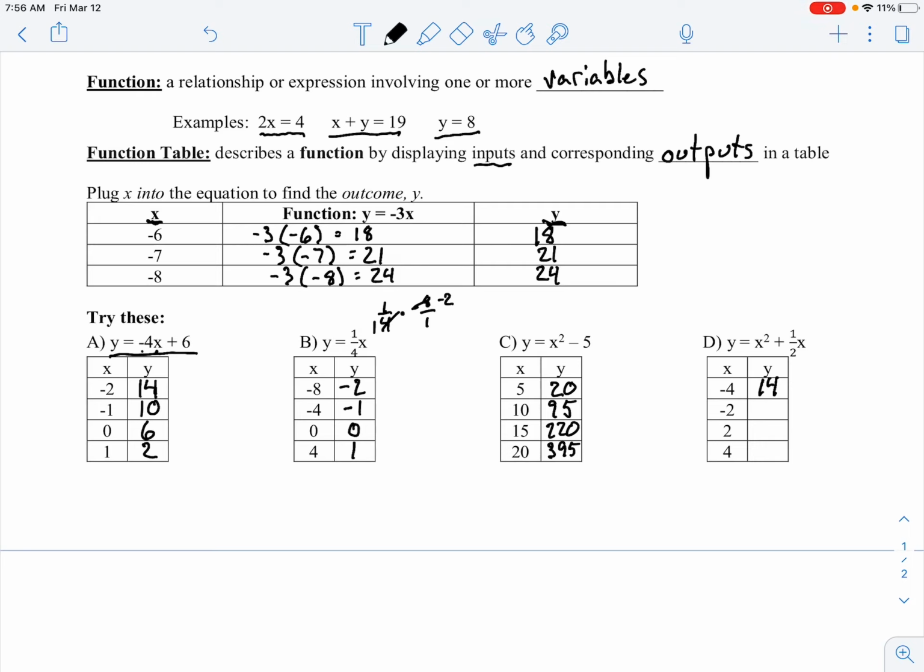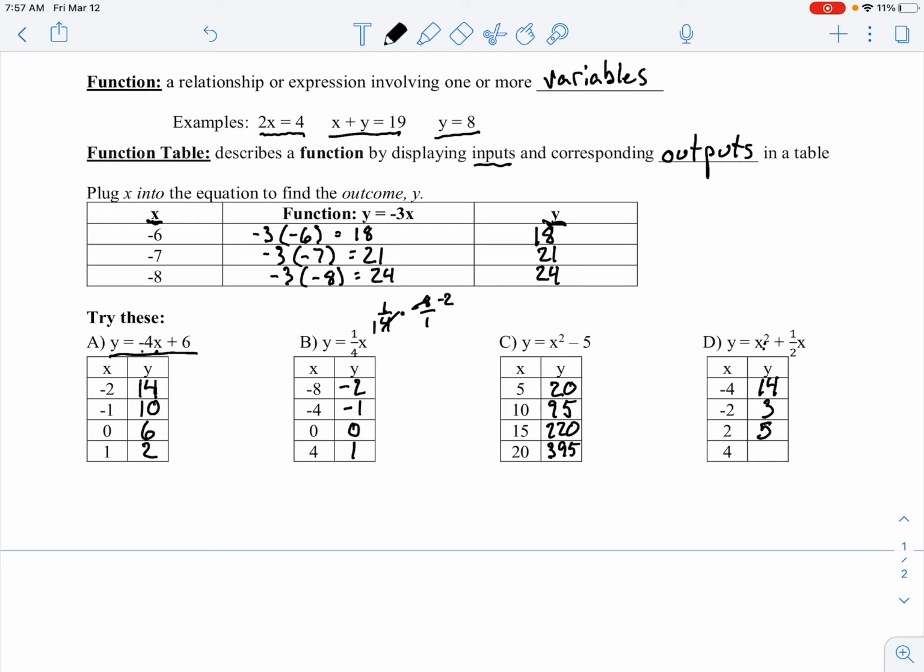So 4 plus negative 1, or 4 minus 1, will give us 3. All right, so now we get positives, which will make things a little bit easier here. So 2 squared is 4. 1/2 of 2 is 1. 4 plus 1 will give us 5.